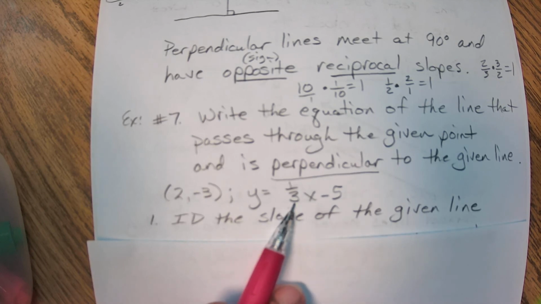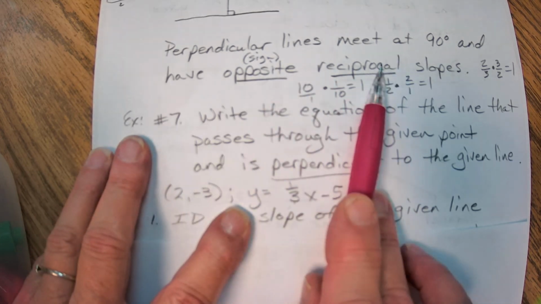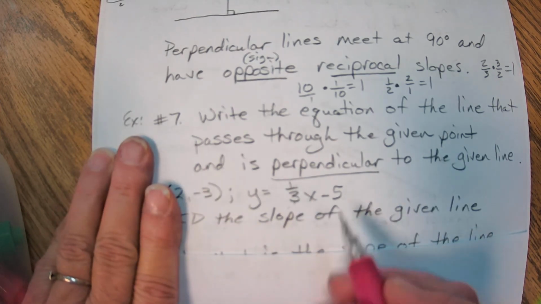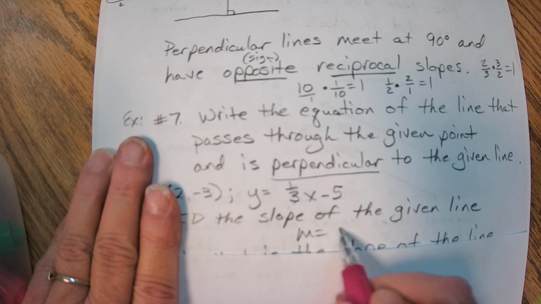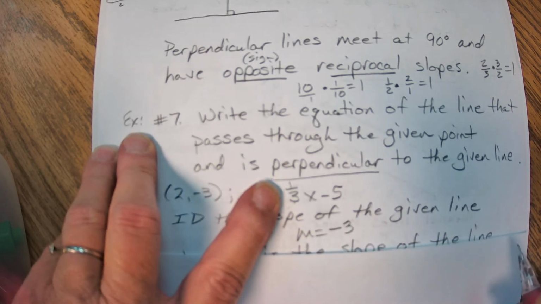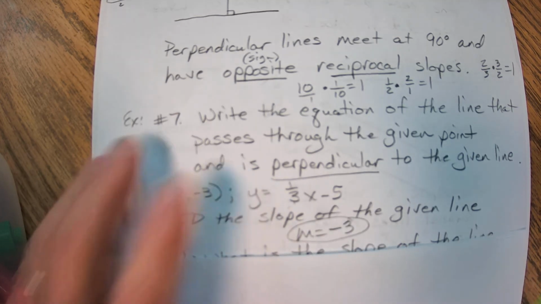So if I'm looking for a line that's perpendicular to that, the slope is going to be the opposite reciprocal. So the opposite of a positive would be negative. And the reciprocal of 1/3 is 3/1. Okay, so now I've identified my slope.